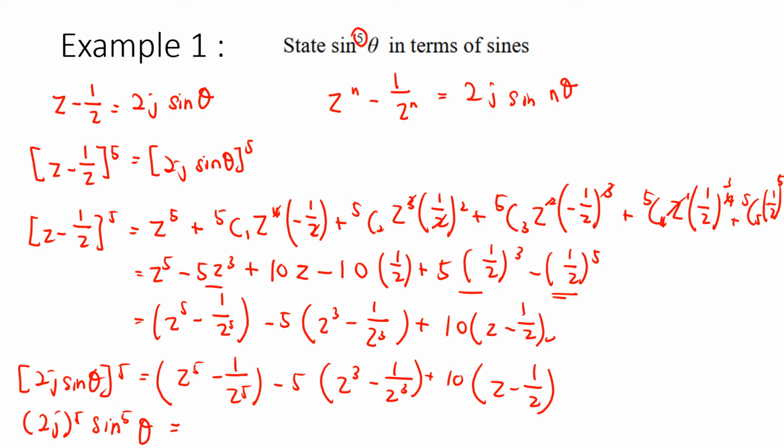So you get 2j sine 5 theta minus 5 times 2j sine 3 theta plus 10 times 2j sine theta. I will continue in the next slide.